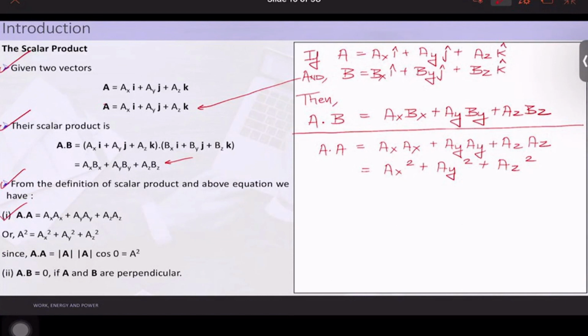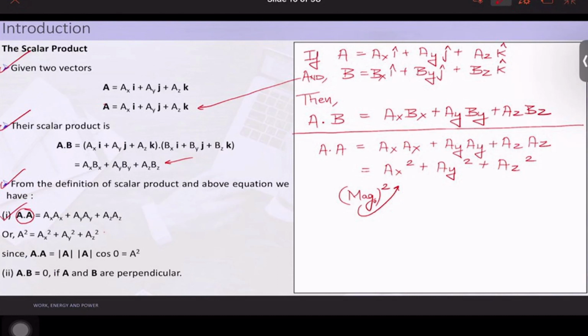We can say that this A dot A is equal to the square of the magnitude of the vector. Right? We know what the magnitude of the vector is. If I square the magnitude, please remember, then this is also equal to ax square plus ay square plus az square. That is written here.